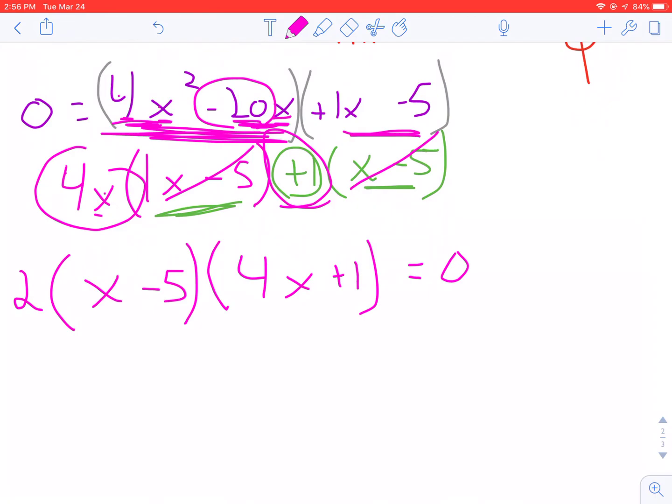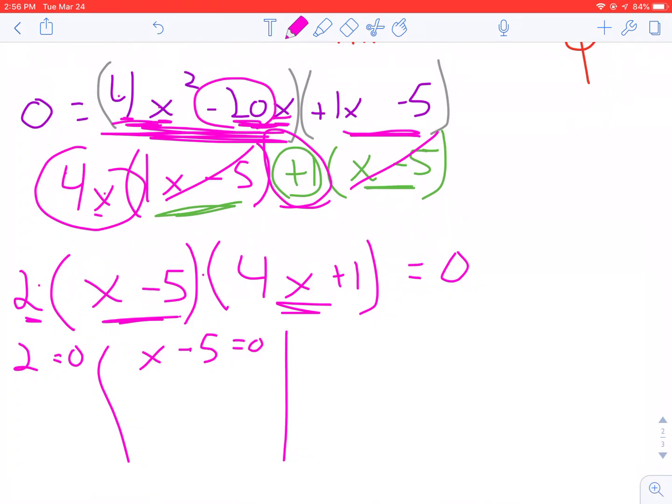But the rule does say three of these terms multiply together to give me 0, which tells me that we have to see what they all solve for in case of 0. Okay? 4x plus 1. So, clearly not applicable. We can't solve, a 2 never equals 0, so that's not even a solution to the set.